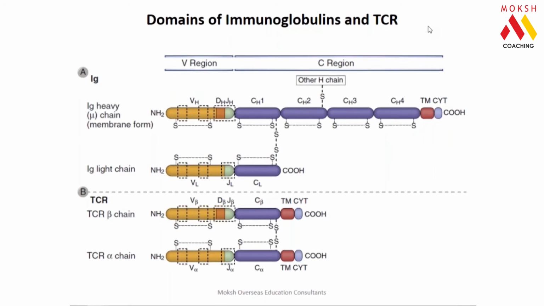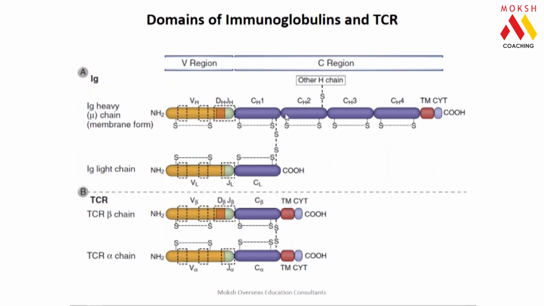Now, in order to account for this diversity, the genes that encode for these receptors are basically gene segments. These gene segments are found on different chromosomes, and they can be arranged in different combinations. If you look here on the top of the screen, we have the structure of an immunoglobulin, and on the bottom, we have the structure of a T cell receptor.